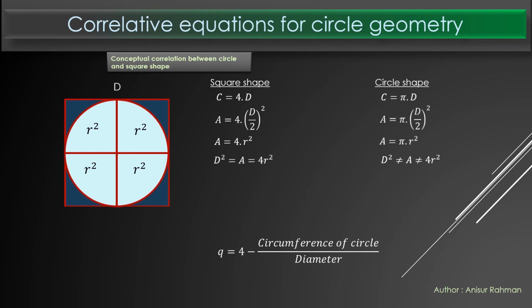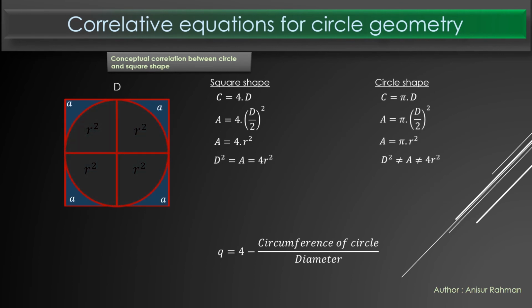Now, we can subtract the remaining corner space from the square shape and find the exact area of the circle using coefficient q. So let's say the amount of area remaining outside the circle is small letter a. So we have the equation: corners area excluding the circle, or small letter a, is equal to q r squared.